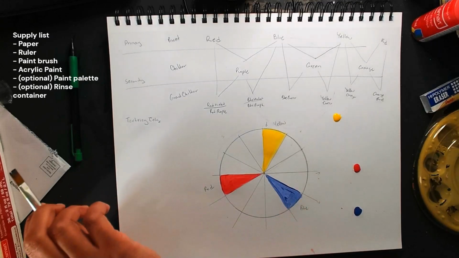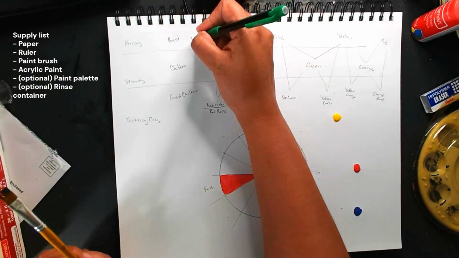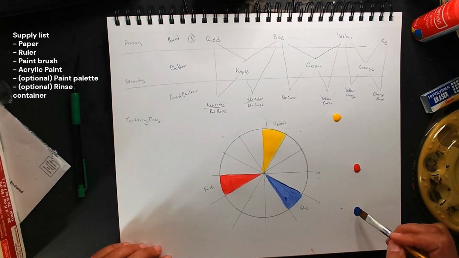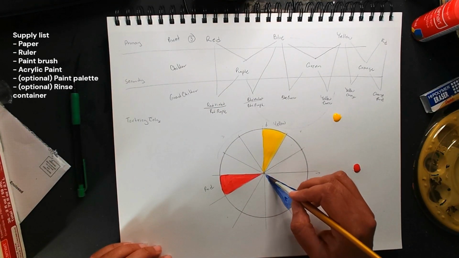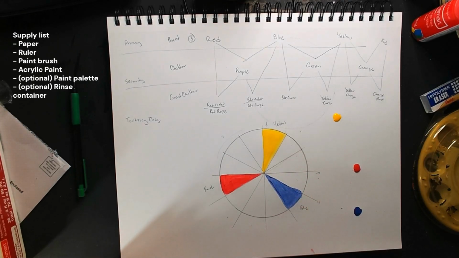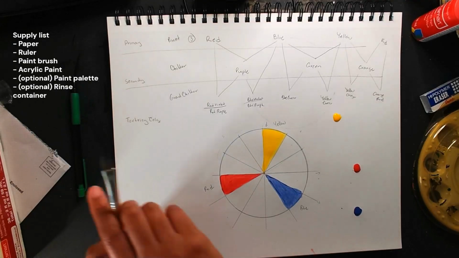So we have 3 primaries. Okay, so this right here, we have our root colors, which is the red, blue, and yellow. These are our primary tones.